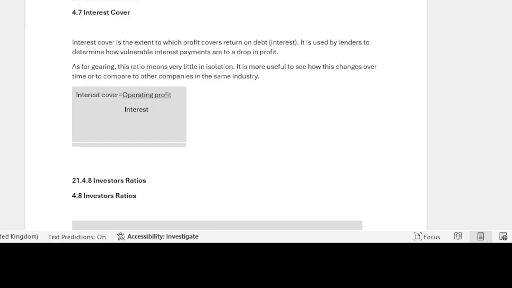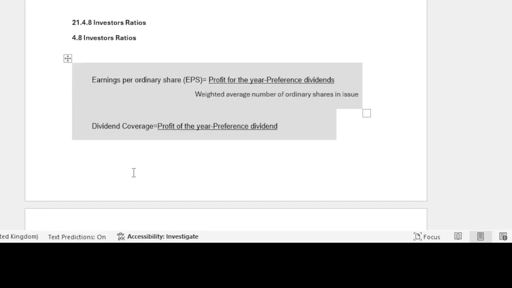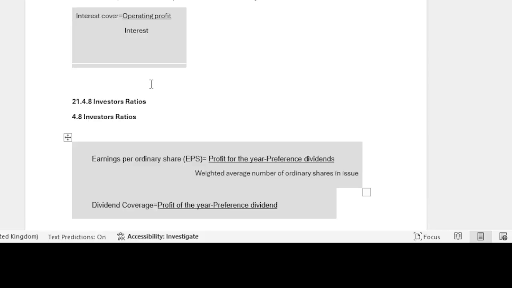So we compute it by getting the operating profit for the year and dividing by the interest amount, so we can know how many times our profit can cover the interest that we have to pay as an organization. This helps you know if you can take on extra debt, if you can afford to have extra interest cost or not.